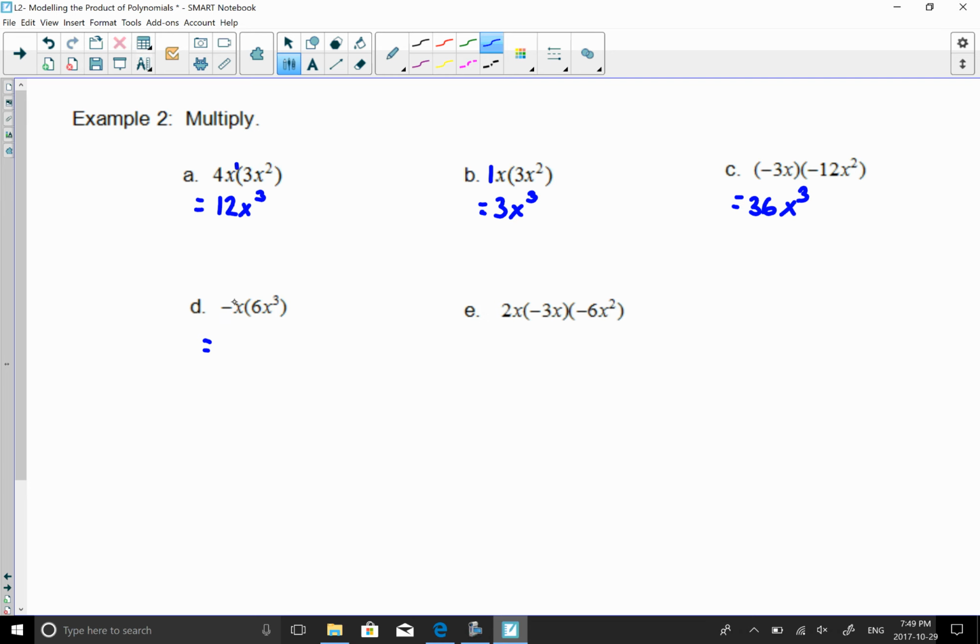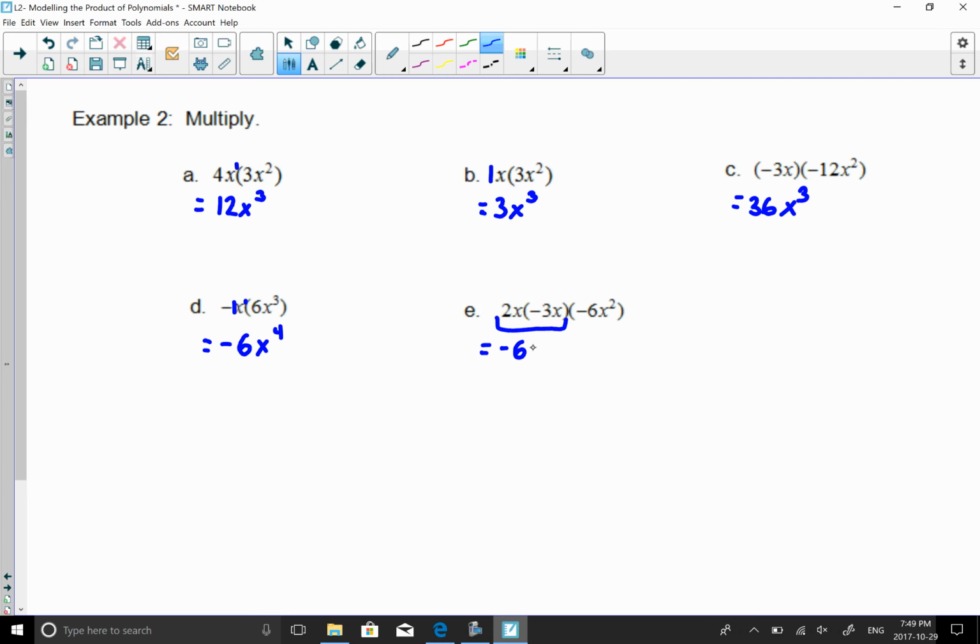Negative 1, so there's an imaginary 1 there, times 6, negative 6. Imaginary 1 on there, 1 on this one, 3 on that x. That becomes x to the exponent 4. We can do this one in steps. So let's work on the first two first. 2 times negative 3, negative 6. Add the exponents here.